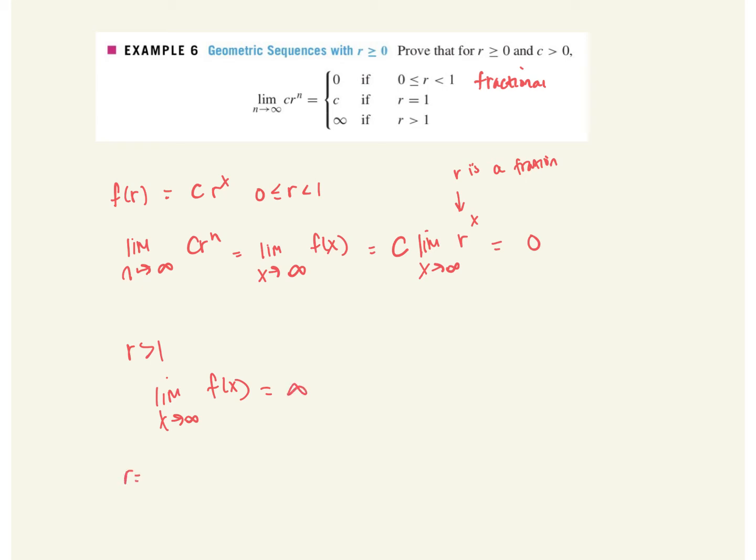And if r is exactly equal to 1, then it's going to equal c times the limit as x approaches infinity of r to the x. 1 to the infinity power is still just 1, so we get c times 1 or c. So those are just proving those three scenarios.